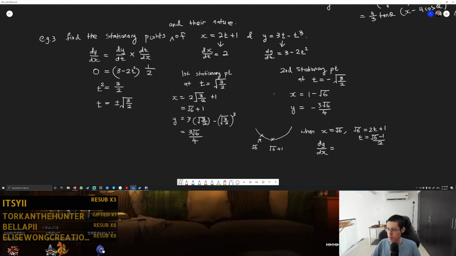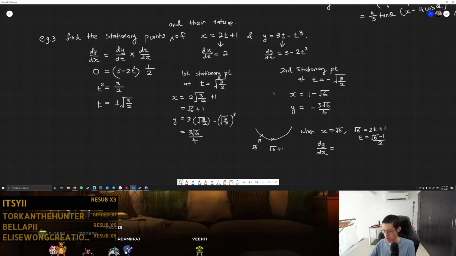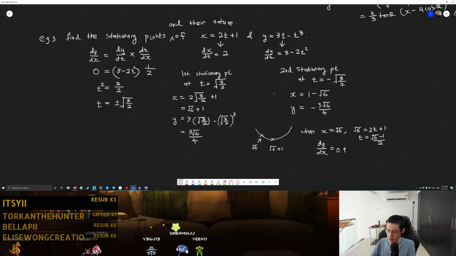And what does that tell us? Well, we have root 6 minus 1 divided by 2. Put it into dy dx, we have 3 minus 2 times answer squared, and divide that by 2, we get 0.975, which is a positive value.